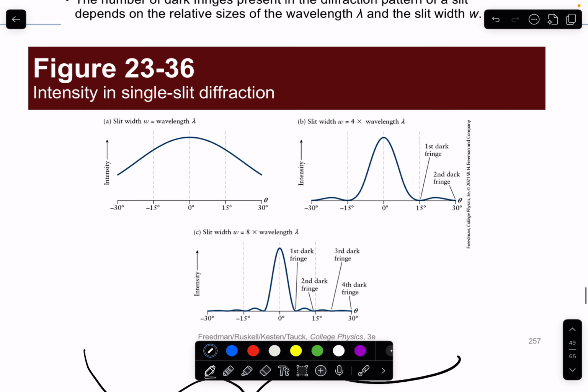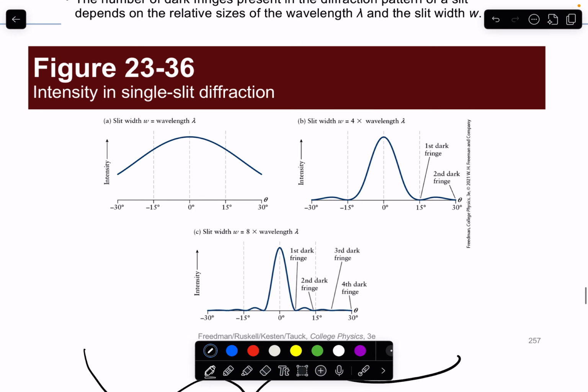So let's talk about the intensity of the single slit diffraction, right? What we're looking at here is how bright the bright fringes are and the location of the dark fringes. When you have a slit width that is roughly the same size as the wavelength, if this is from negative 30 to 30, you're going to see a really spread out diffraction, okay?